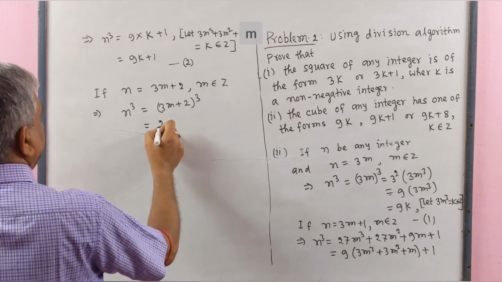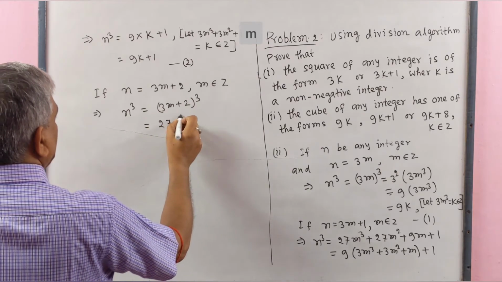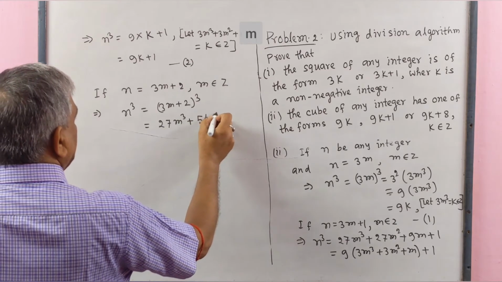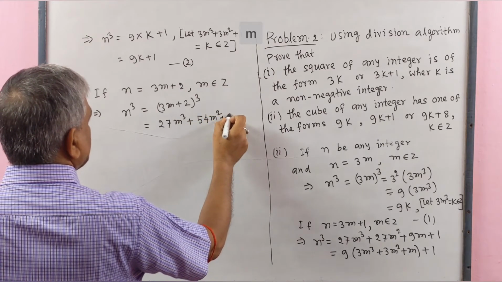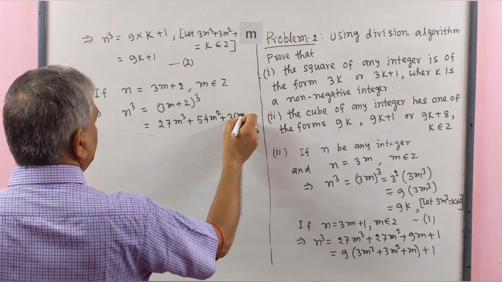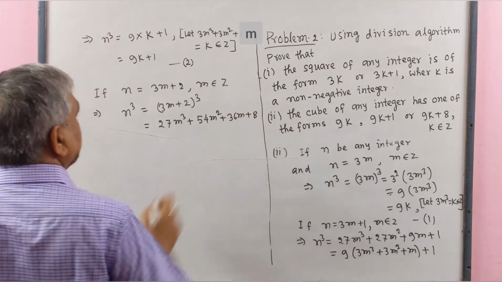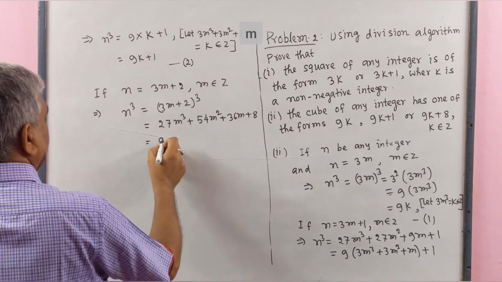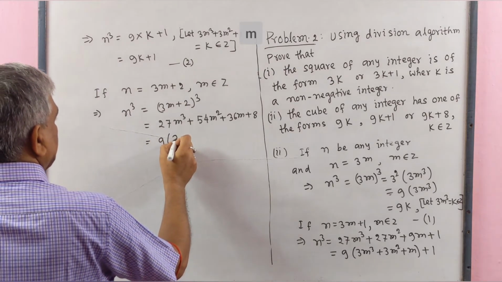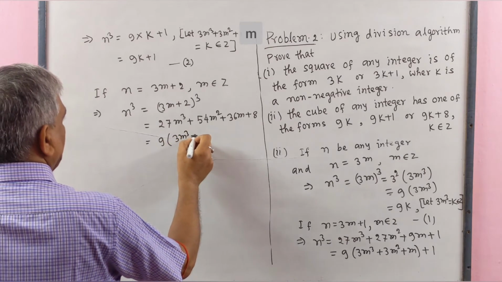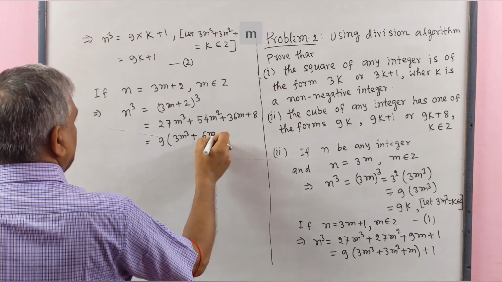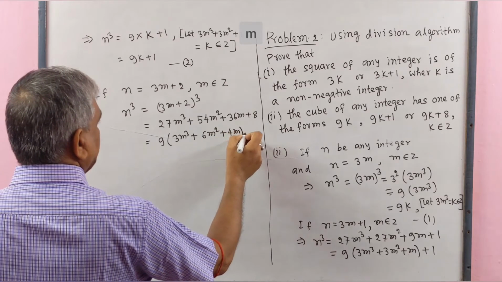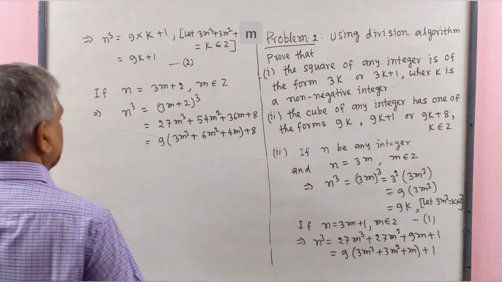This equals 27m cube plus 54m square plus 36m plus 8. If we take common 9 here, it is 9 times (3m cube plus 6m square plus 4m) plus 8.